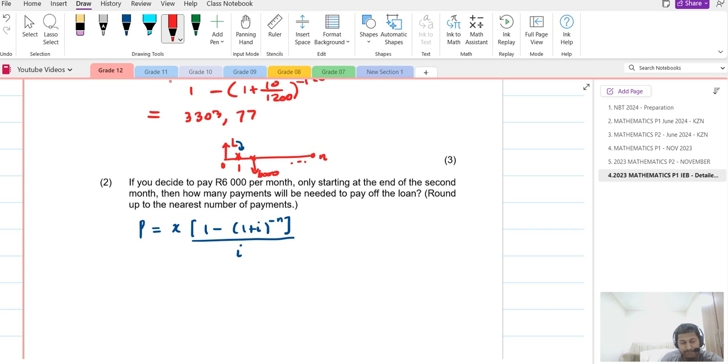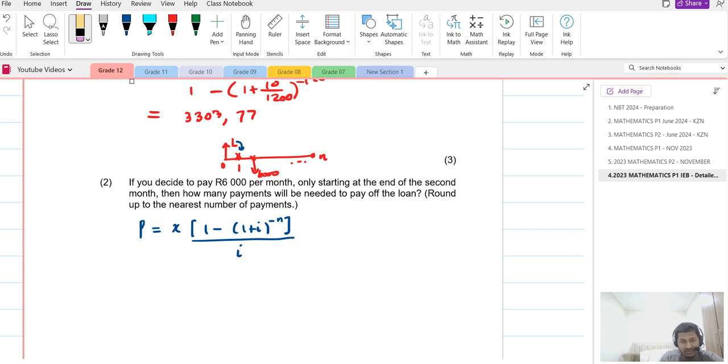You start paying from the second month. What if I don't accumulate the loan amount to there, and instead add a factor on this side, 1 plus i to the power 1? Either way, we're still just solving for n.